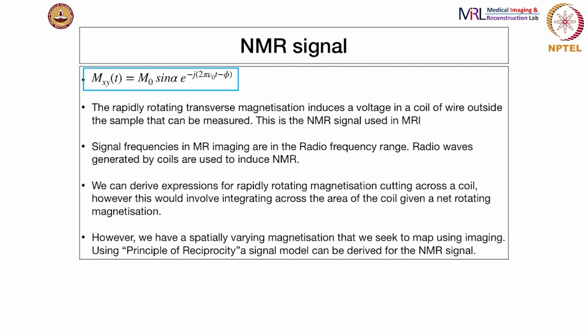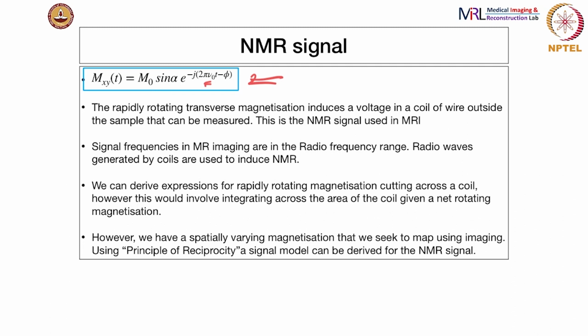That's what we are looking for. Going back to the previous slide, we saw mx and my have a sinusoidal dependence, and we can write it in this form, where this mu0 comes in. This mu0 is the Larmor frequency that we saw. This means that in the plane, as I indicated earlier, the mxy component is rotating rapidly.